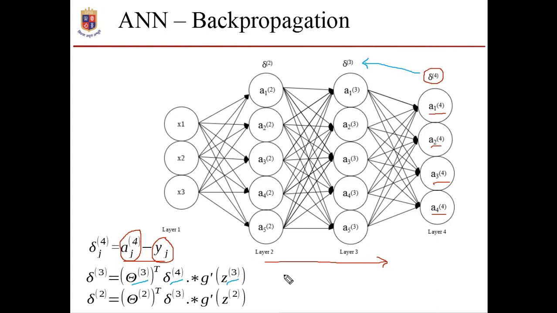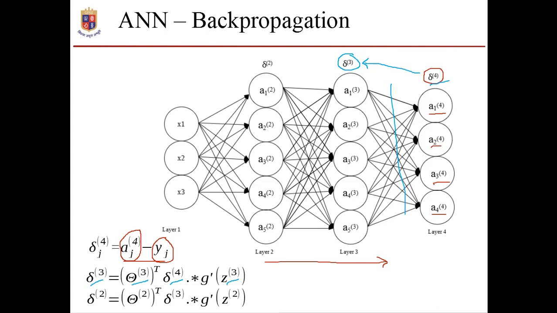Z3 is nothing but the multiplication of theta and the value of the component. So in case of x1 it is x1 dot theta. You are calculating the error for delta 3, that is for this third layer, using the values which you have available with you: delta 4, the theta is lying here, and the g dash z of 3. Z of 3 is the value of the theta multiplying by the component value.